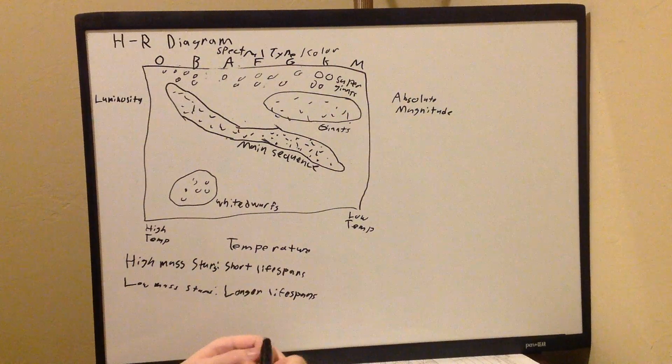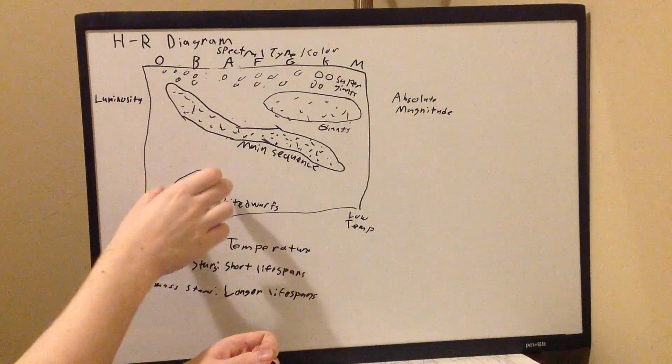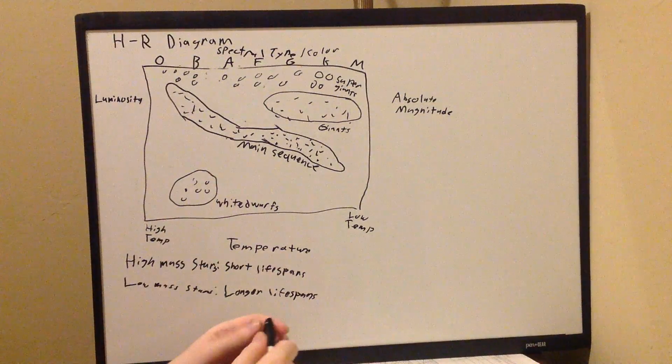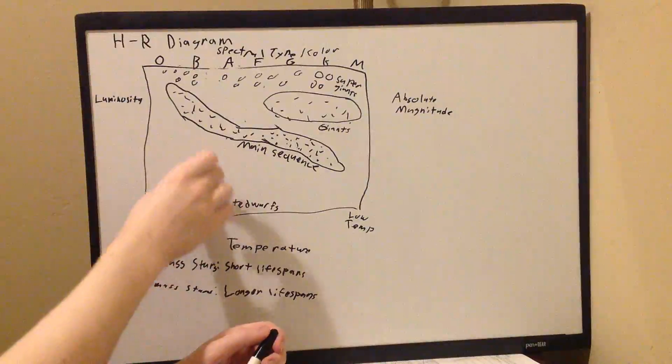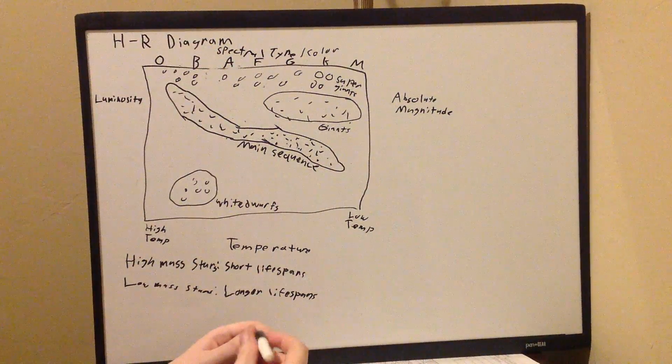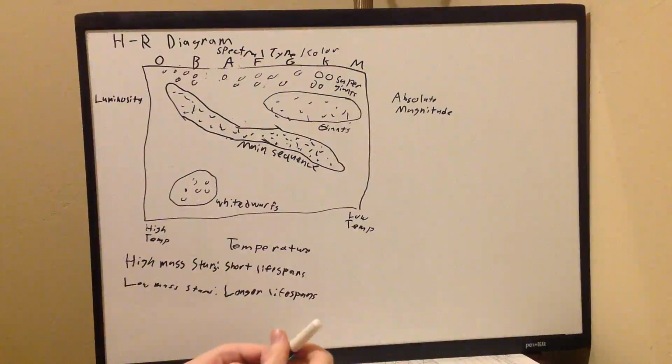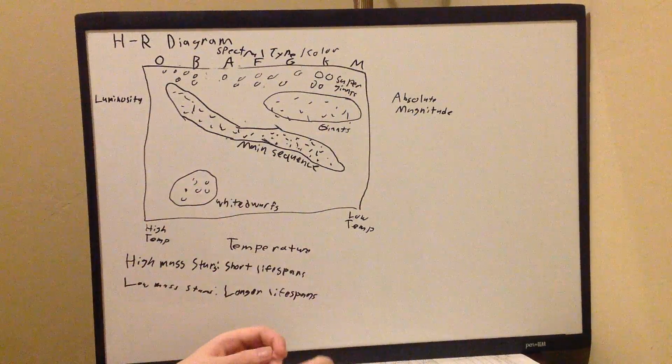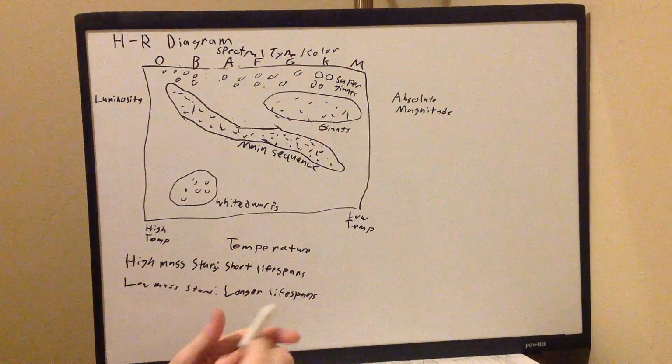Our own sun is going to become a white dwarf when it dies, and they sit down here. As you can see, they are very hot, have a very high surface temperature, comparable to some of these like O and B type stars, but they're also much smaller, and so they give off way less light. So that's kind of the deal there.